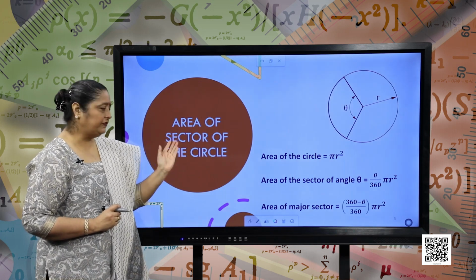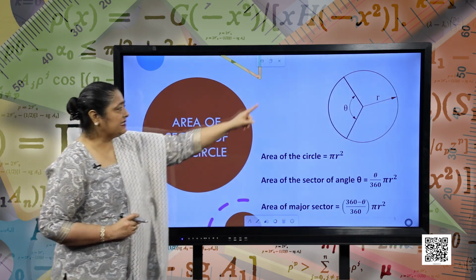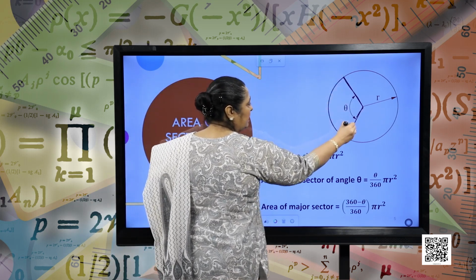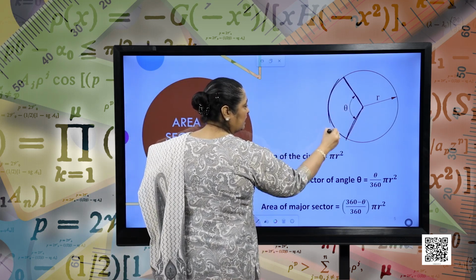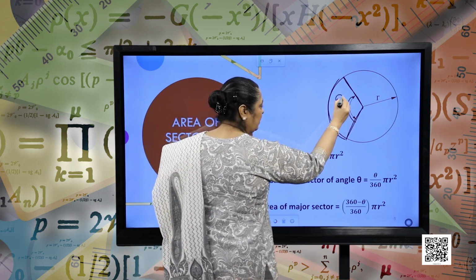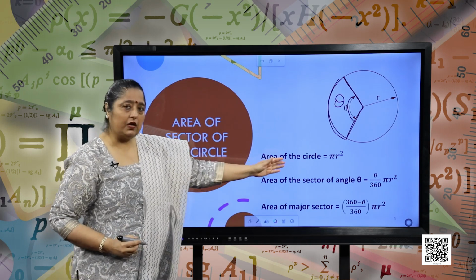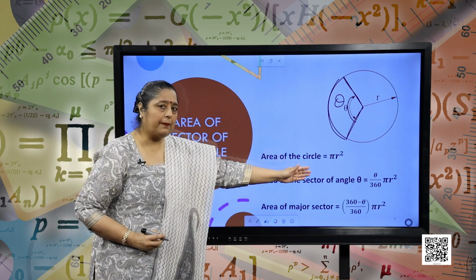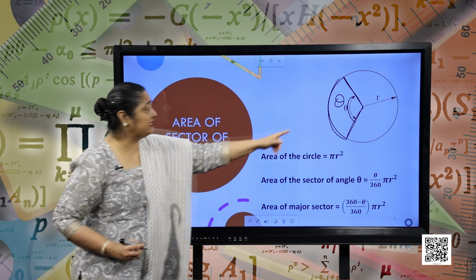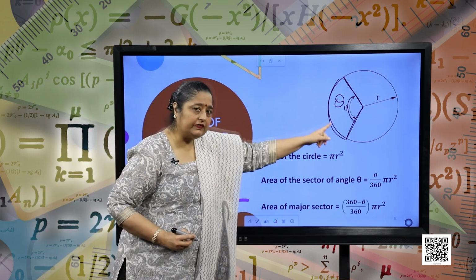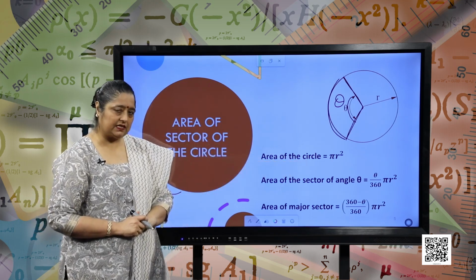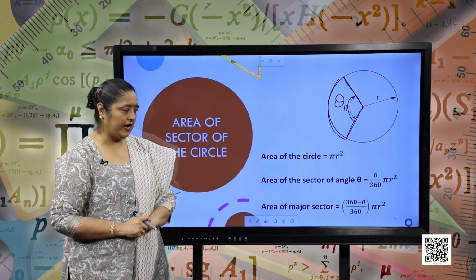What is the area of the sector of the circle? Since this is the circle and this is the sector of the circle, we can say this is angle theta. Then area of the circle we already know, that is pi r square. So, area of the sector of angle theta will be given by theta divided by 360 degree into pi r square.